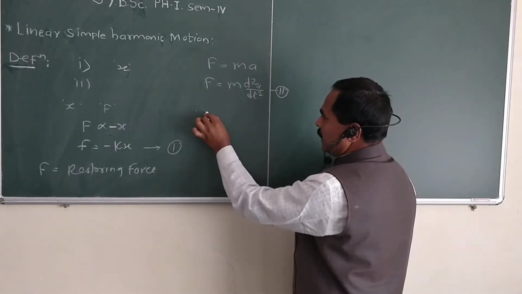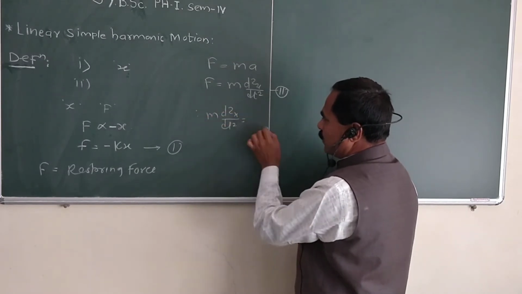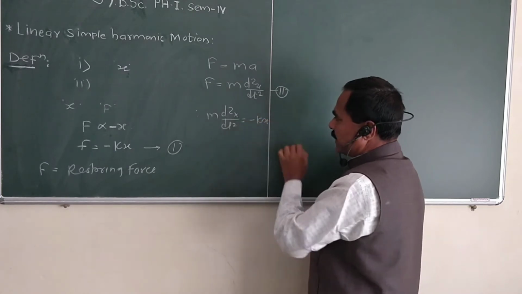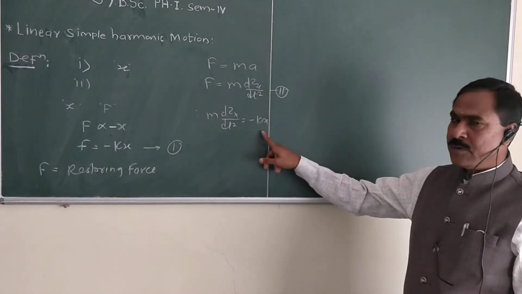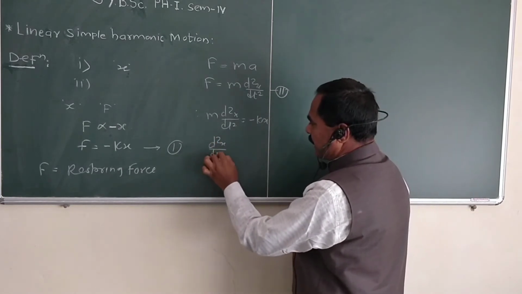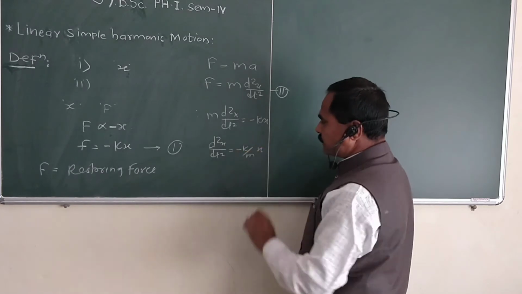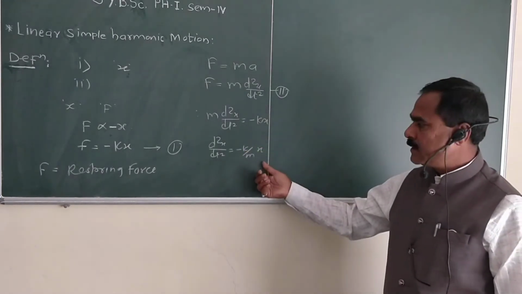Therefore we write m d2x by dt square equal to minus kx. So we write d2x by dt square equal to minus k upon m into x.